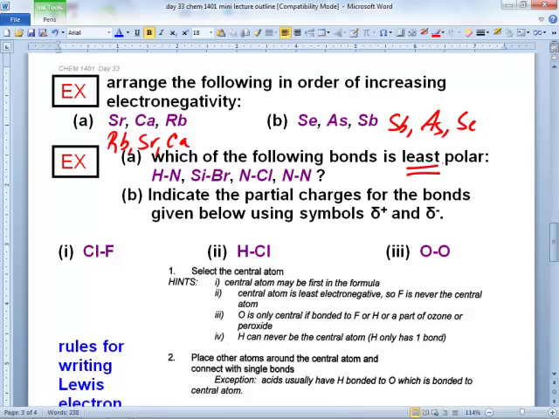But they want the least polar, so you want the 2 that are the closest. It'd be N and N. In fact, there's no electronegativity difference. You would call that nonpolar, which would be the correct terminology for that.